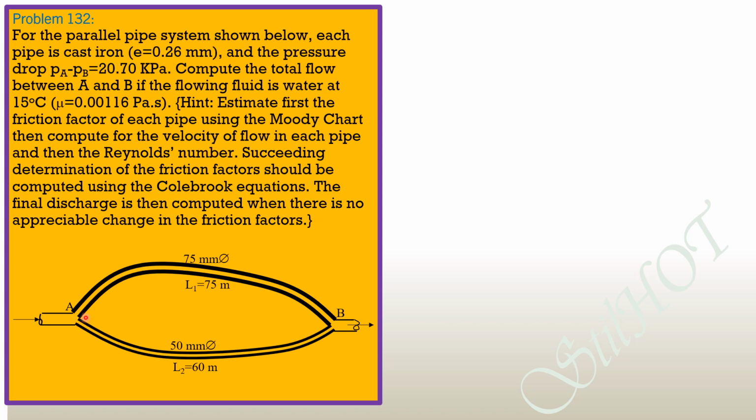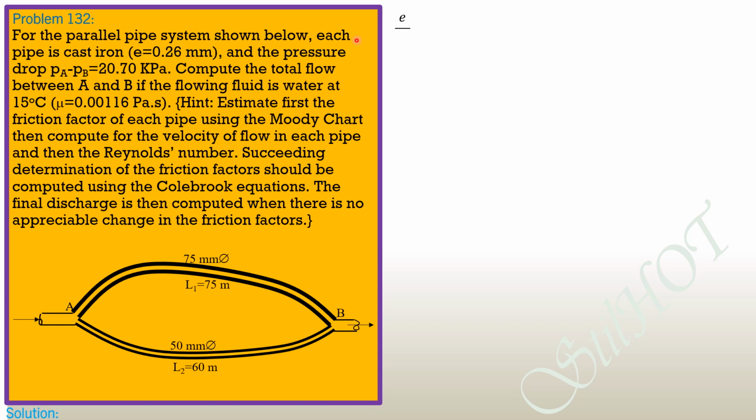So the total flow is equal to the flow in pipe 1 plus the flow in pipe 2. Since these two pipes are parallel, the head loss by principle is the same for the two. So let's evaluate for our solution the relative roughness, which is absolute roughness over diameter.